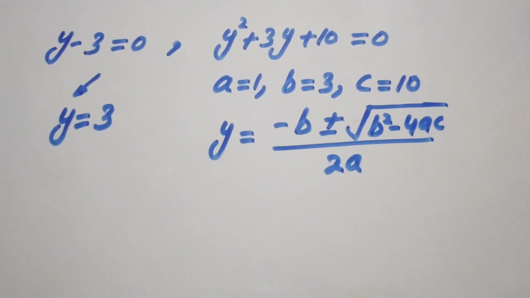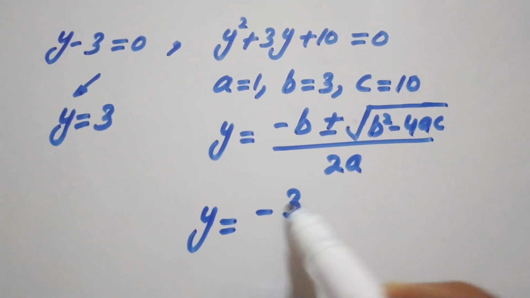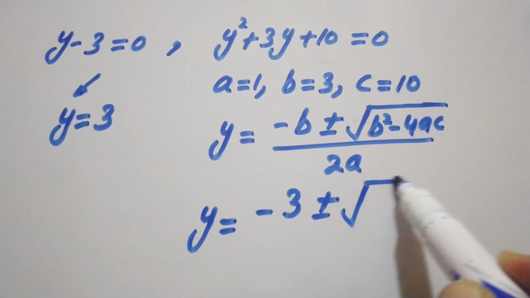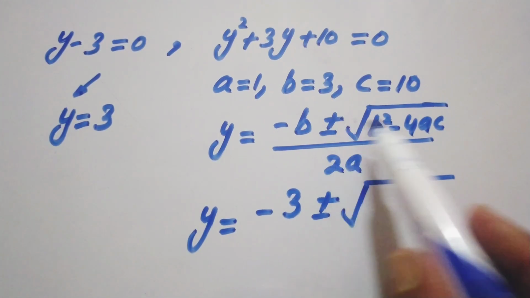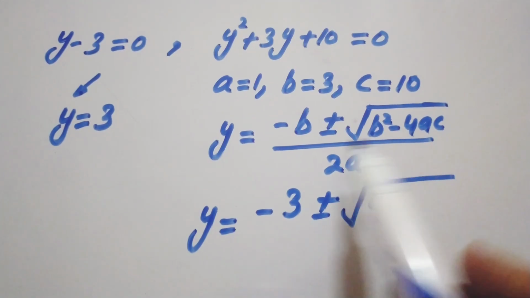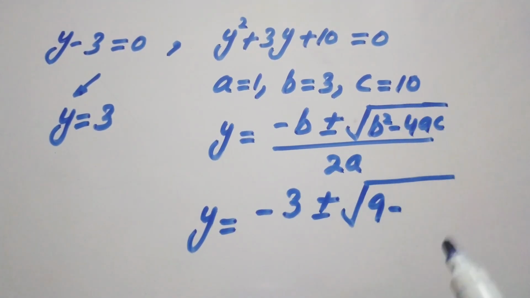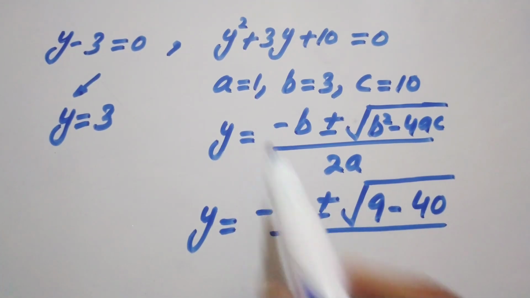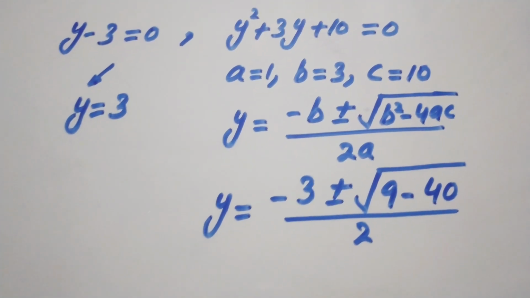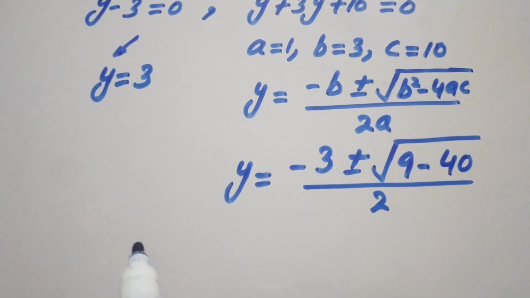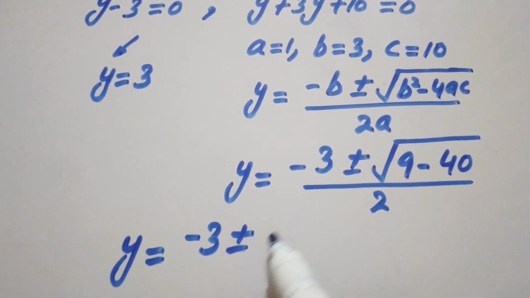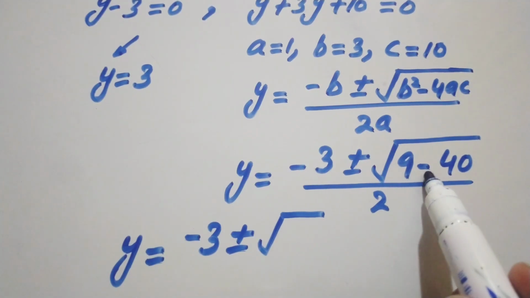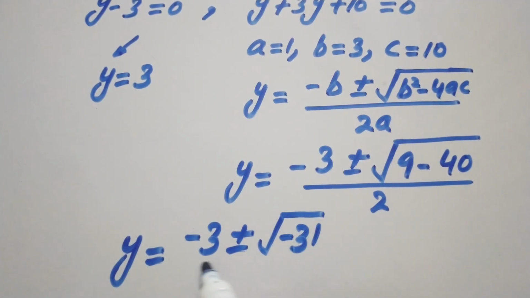Putting the values of a, b and c here, y is equal to minus 3 plus minus square root of b squared, means 3 squared, which is 9, minus 4 multiplied by 1 is 4, and 4 multiplied by 10 is 40, divided by 2 multiplied by 1, which is 2. So we get y is equal to minus 3 plus minus square root of 9 minus 40, minus 31, divided by 2.